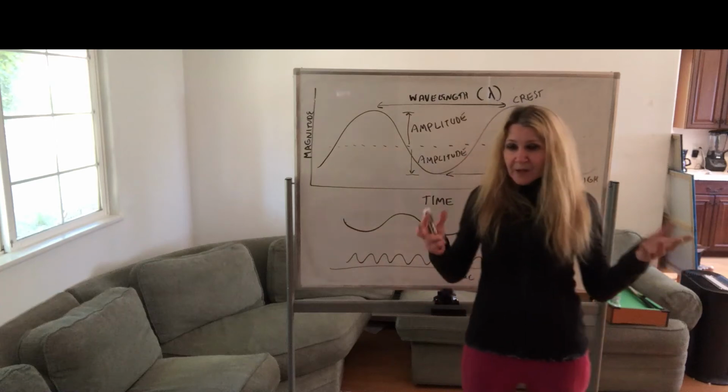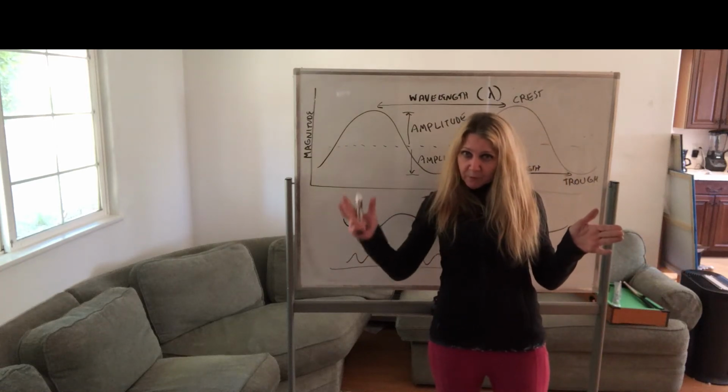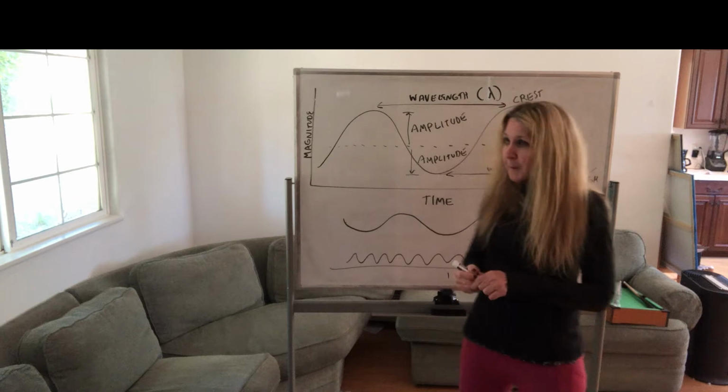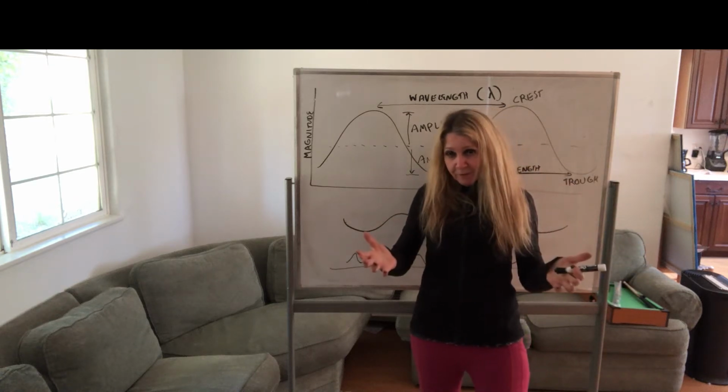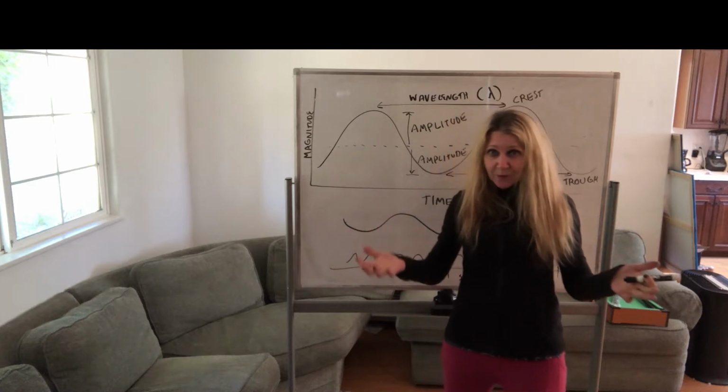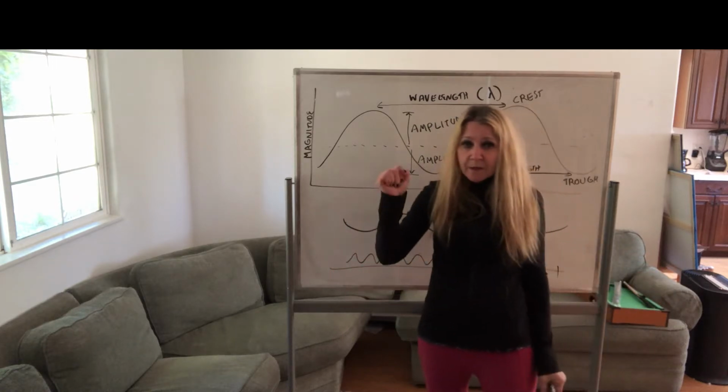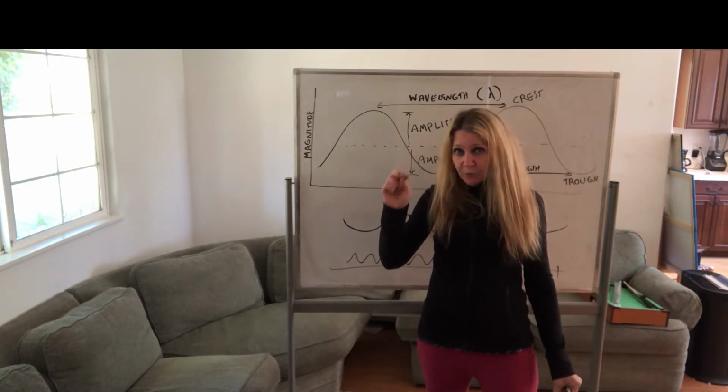Speed of the wave is how much time it takes to go from one point to another. When we look at speed, we use v for velocity, which is not identical to speed. Remember, velocity is speed with direction.